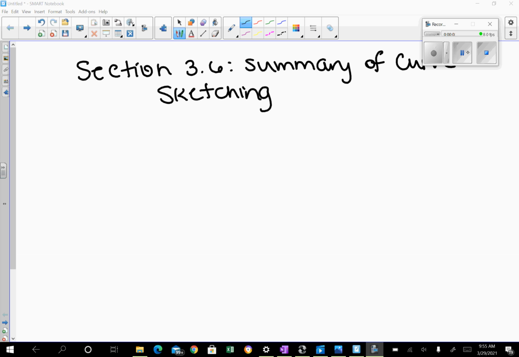So section 3.6 is a summary of curve sketching. What you're going to do is take everything that you've learned in order to sketch a graph without using a calculator. So some things you're going to want to consider. First is x and y intercepts.